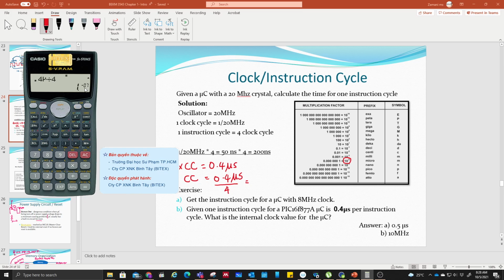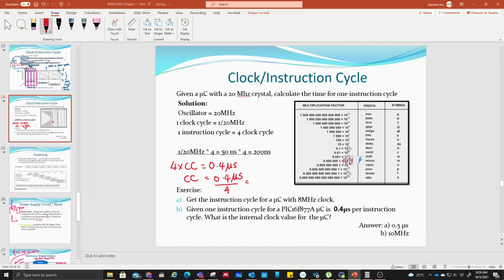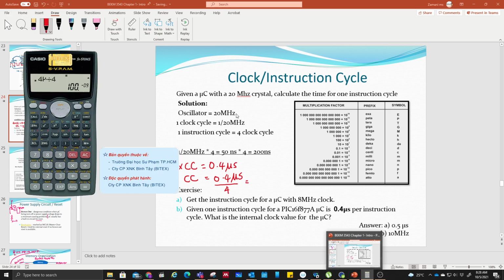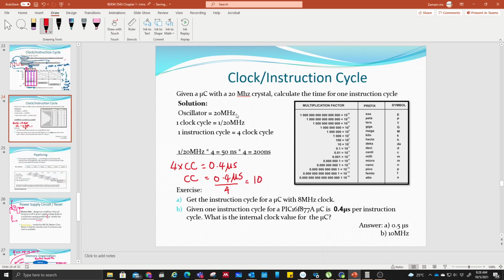So 10 to the negative 7 is not here, right? So you need to know what value you can use. Let's look at engineering here. This is 100 times 10 to the negative 9, which is nano. So this is equivalent to 100 nanoseconds. This is the clock cycle in seconds. So you have the answer for the clock cycle.